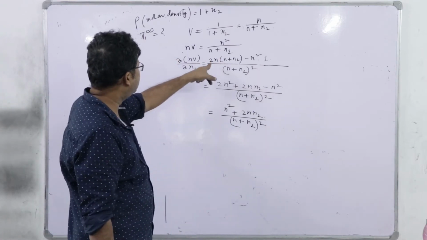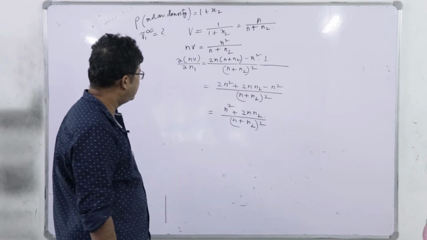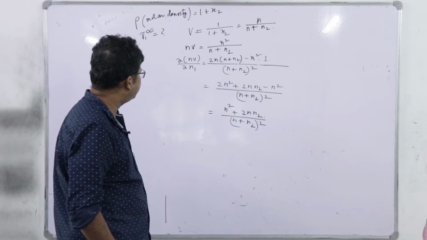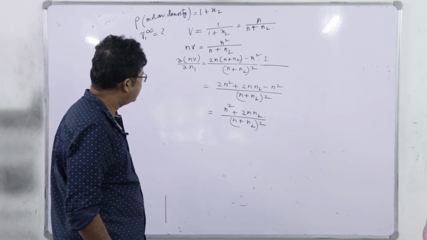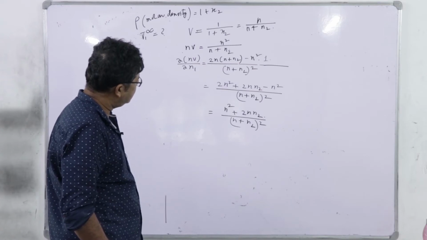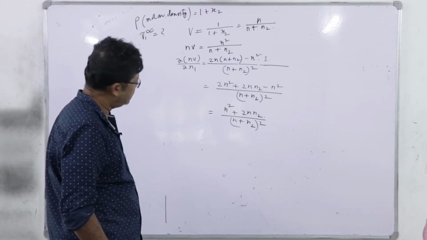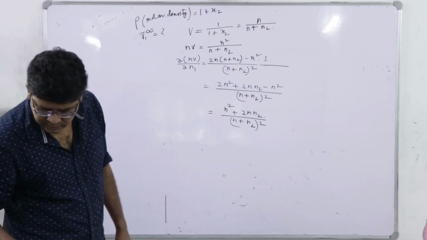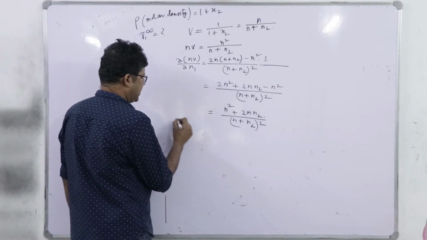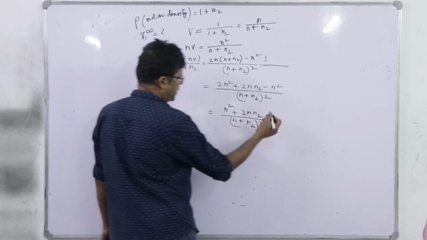So, let us check again. So, obviously, this V1 bar infinity, I am not going into that expression, searching for this expression, we can do that.